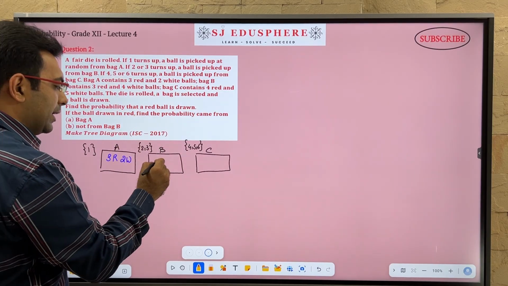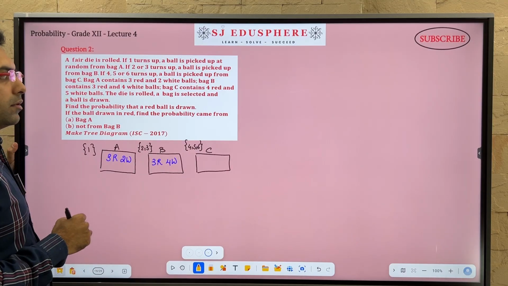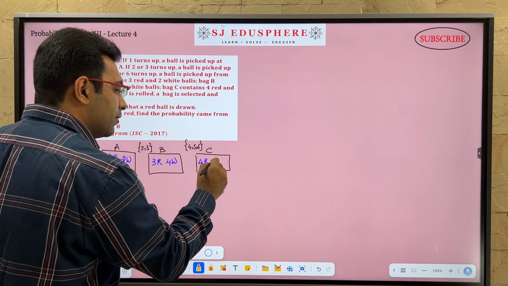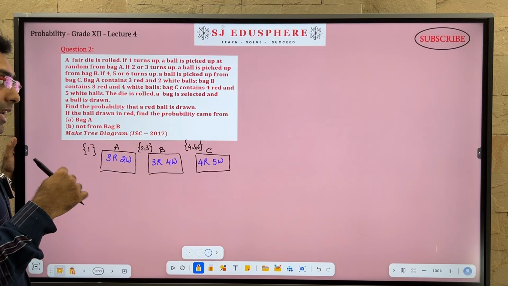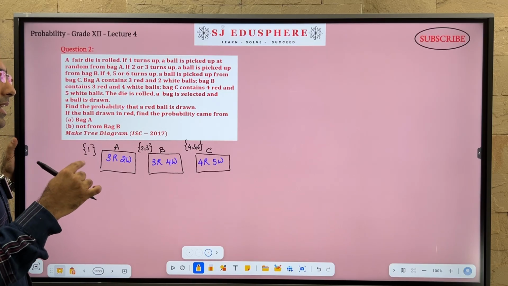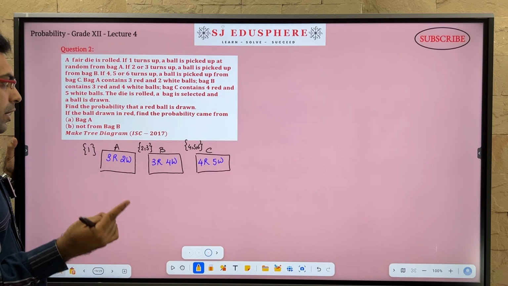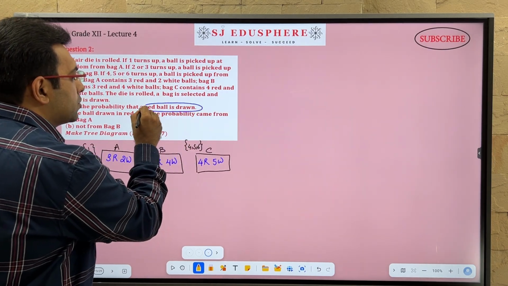Bag B contains 3 red and 4 white. Bag C contains 4 red and 5 white. A die is rolled, a bag is selected, and a ball is drawn. Find the probability that a red ball is drawn.